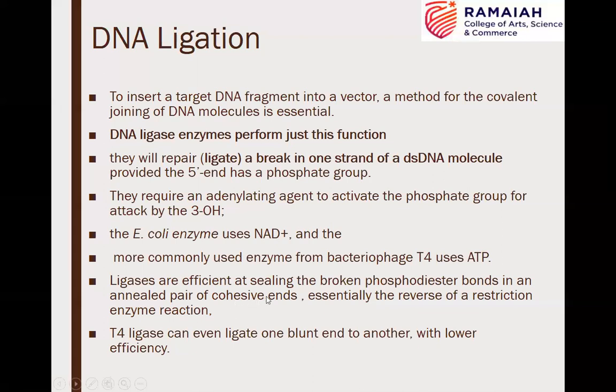These 5' or 3' overhang ends are also called cohesive ends. So the point we are discussing is that these ligases are efficient in sealing the breaks of the cohesive ends. What do I mean by sealing the breaks of cohesive ends?